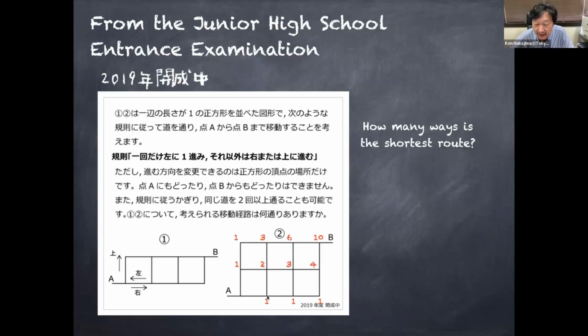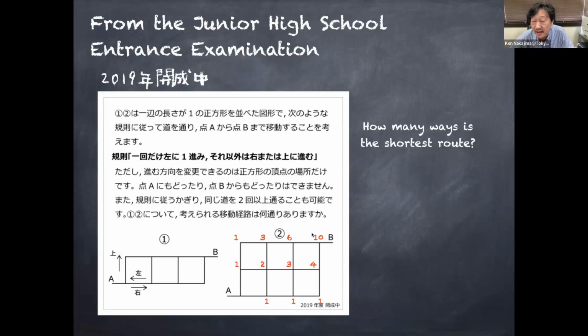In order to come here, only one route, come here also one route. So to come here, one route plus one is two, and similarly, from A to B, 10 different routes exist. This is a way to solve this problem by an elementary school student.